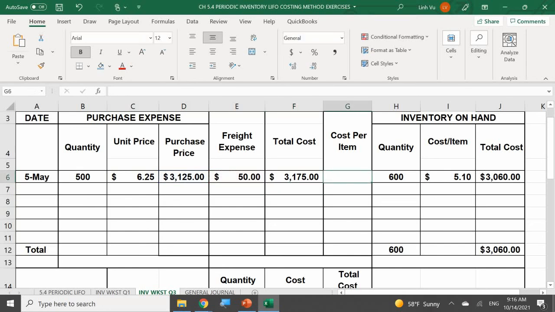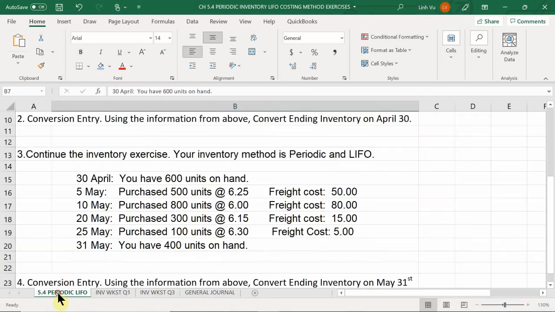Then what's my cost per item going to be here? $6.35. Good. $6.35 each.